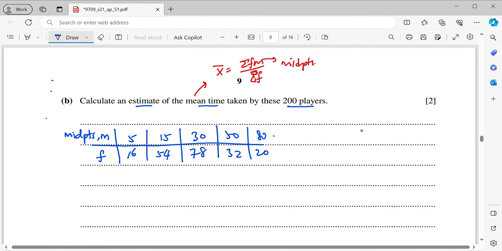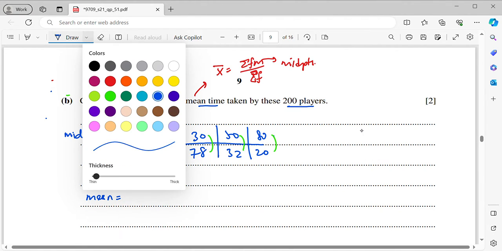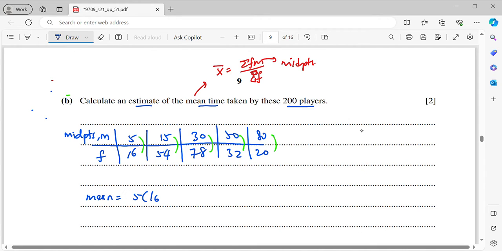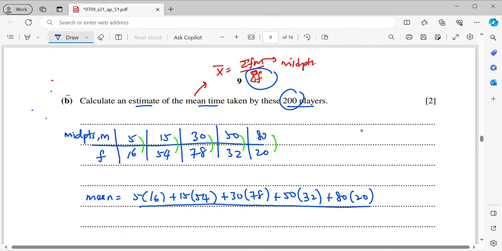Okay, so from here, our mean is summation Fm over summation F, which means now you need to multiply. That is the Fm. Then you get the total. So here will be 5 times 16 plus 15 times 54 plus 30 times 78 plus 50 times 32 plus 80 times 20 over the total F. We know that total F is going to be 200.